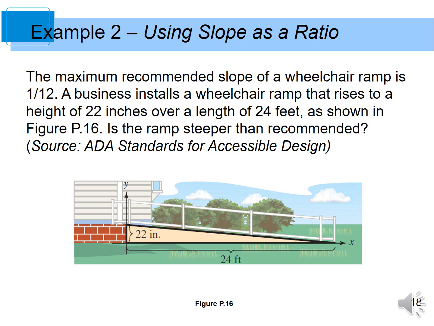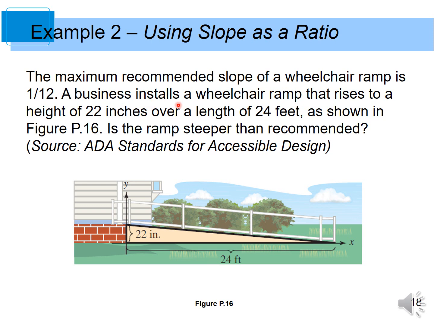Take your time to understand this example. The maximum recommended slope of a wheelchair ramp is 1/12. So you see, the value here has no unit.